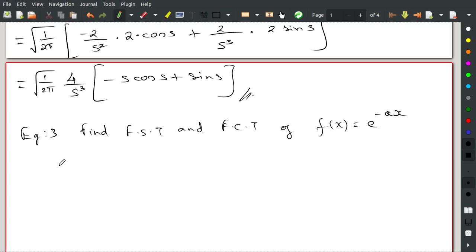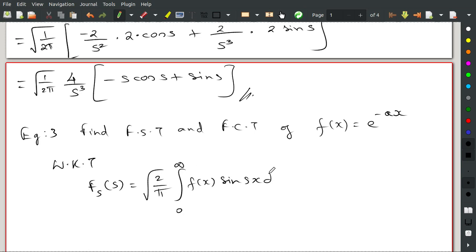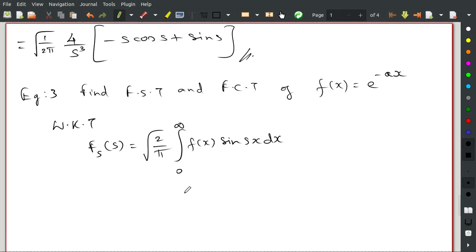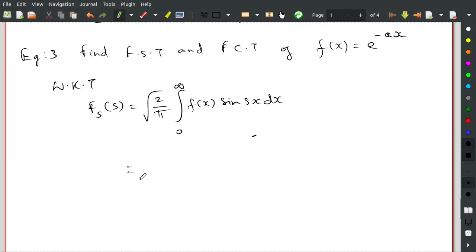Let's start with our known formula. We know that the Fourier sine transform equals root 2 by pi integral 0 to infinity f of x sine sx dx. If we substitute our f of x, we have root 2 by pi integral 0 to infinity e power minus ax sine sx dx.